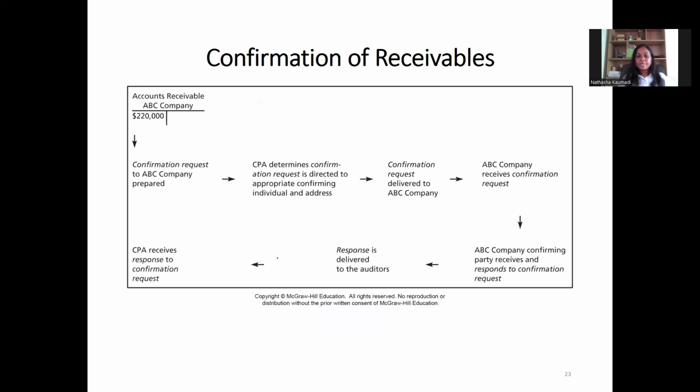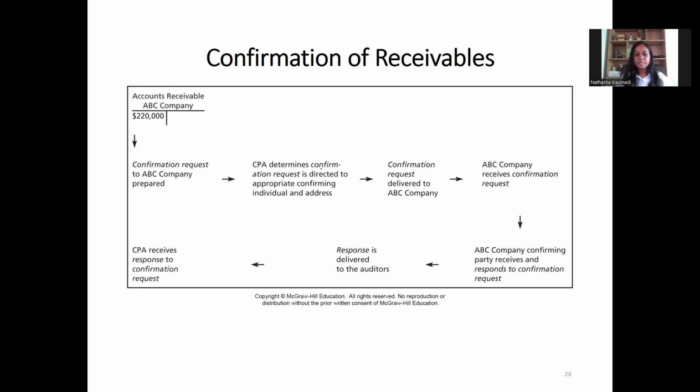Okay, now what is the process for confirmation of receivables? Let's say accounts receivable ABC company, there's 220,000 rupees. Confirmation request to ABC company prepared. ABC company is the debtor. Confirmation request is prepared.